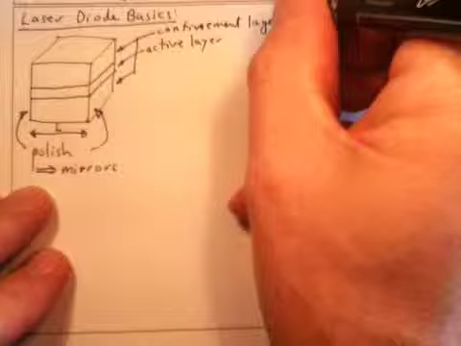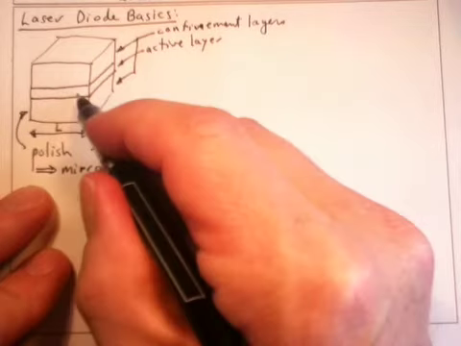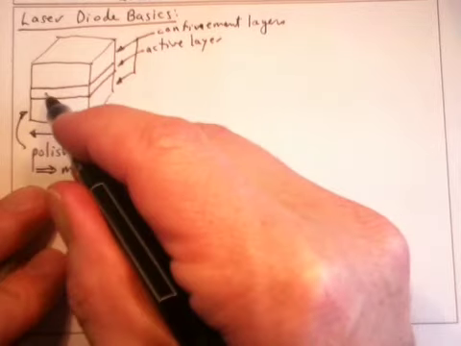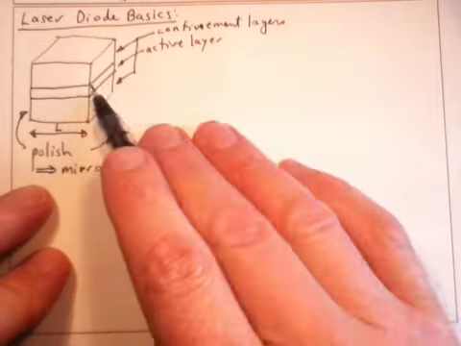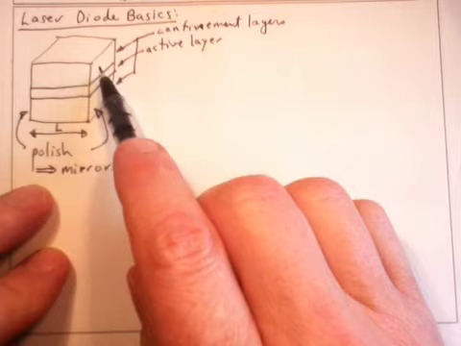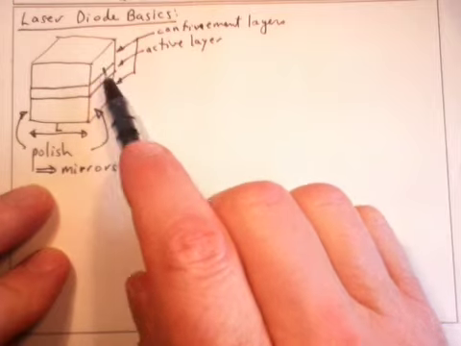And in fact, what we get is an optical waveguide, very much like the slab waveguide we studied in Chapter 4.